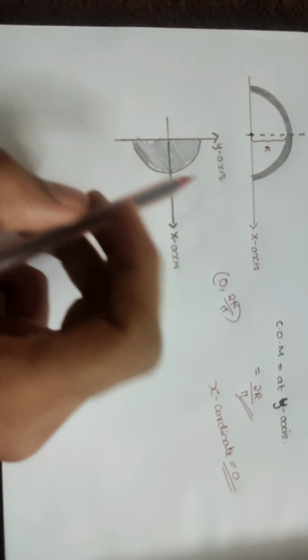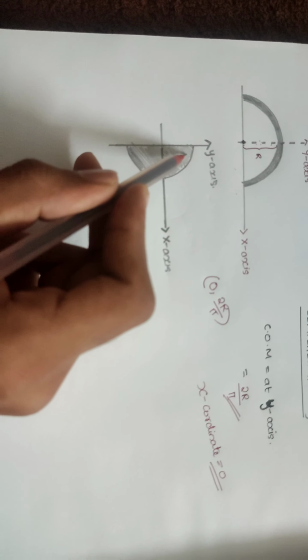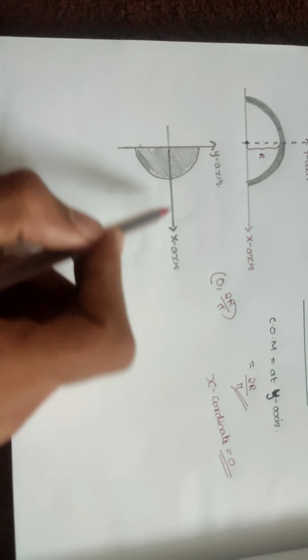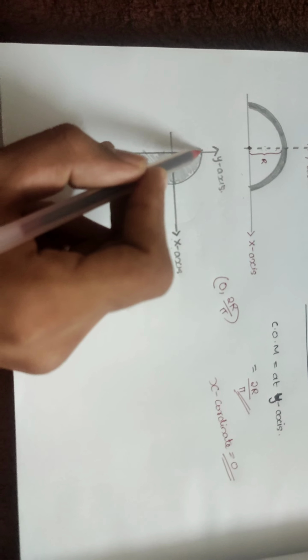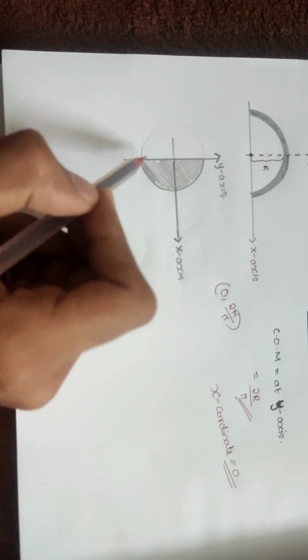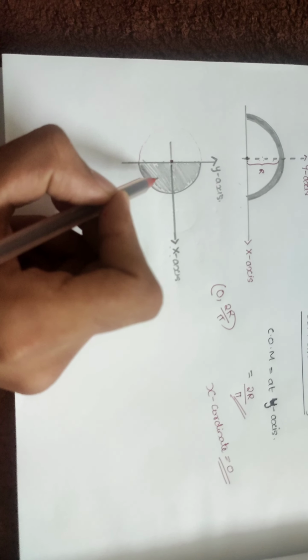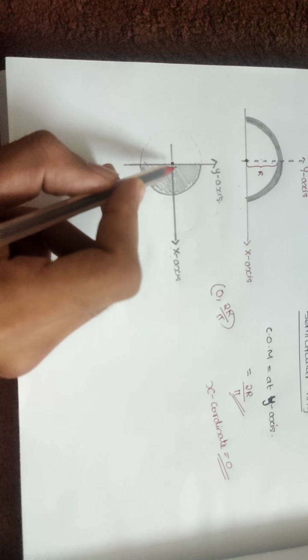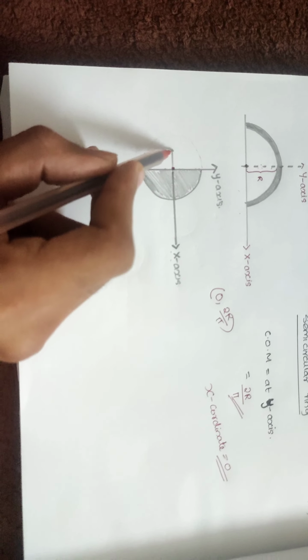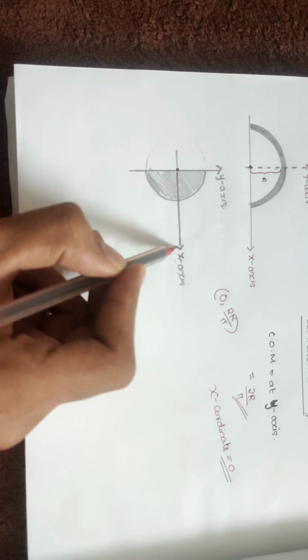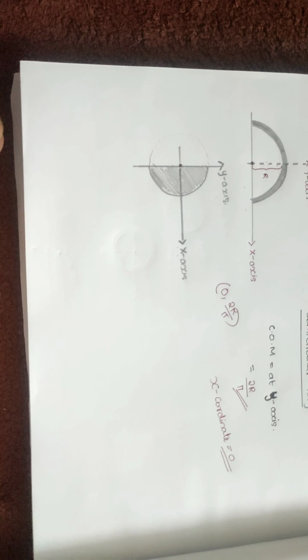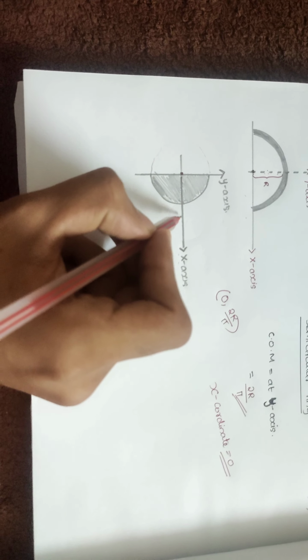Consider another example. It is a semicircular disc, but it is symmetric about the x-axis. If we consider a total disc, the center of mass will be at the center, but here it is only a semicircular disc, and it is symmetric about the x-axis, so the center of mass will be on the x-axis.